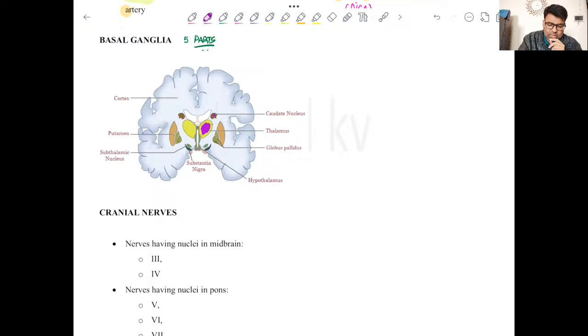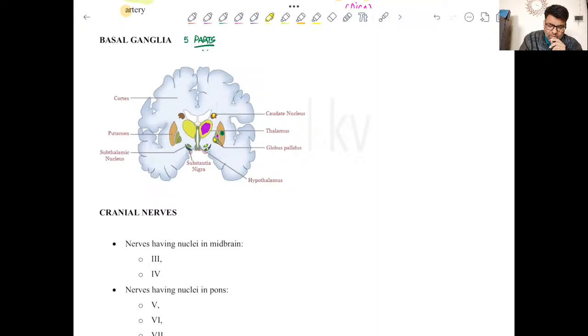This one is the caudate nucleus. If you go laterally, this one is putamen. Deep to putamen is globus pallidus externa and globus pallidus interna. Lower down you can see subthalamic nucleus and substantia nigra.